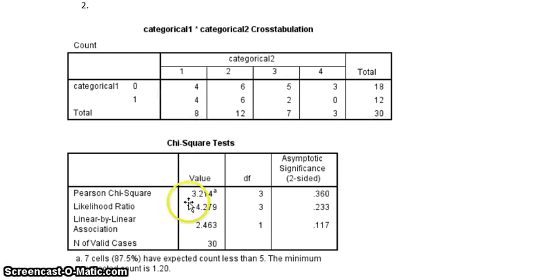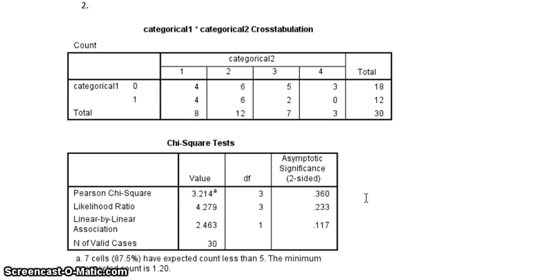Here where it says Pearson chi-square, right here, this 3.214, this is the chi-square test statistic. And where it says asymptotic significance, that's just the p-value. So 0.360 would be the p-value. So for this output here, you would state your hypotheses.